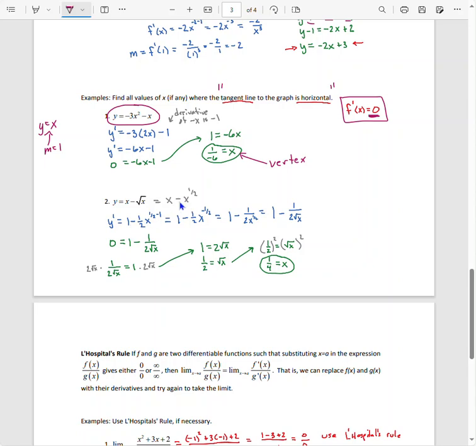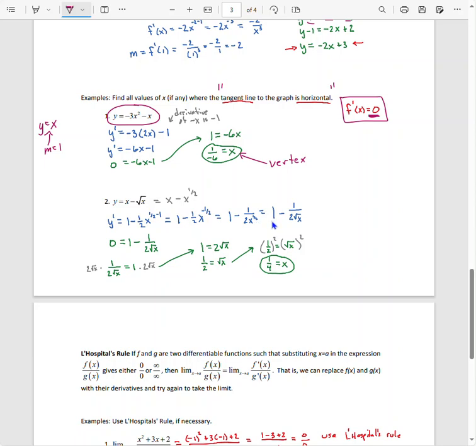The derivative of minus x to the 1/2: bring down that 1/2, leave the x, subtract 1 from the exponent. So we'll have 1 minus 1/2 x to the negative 1/2. That x to the negative 1/2 comes down to our denominator to become a positive exponent.